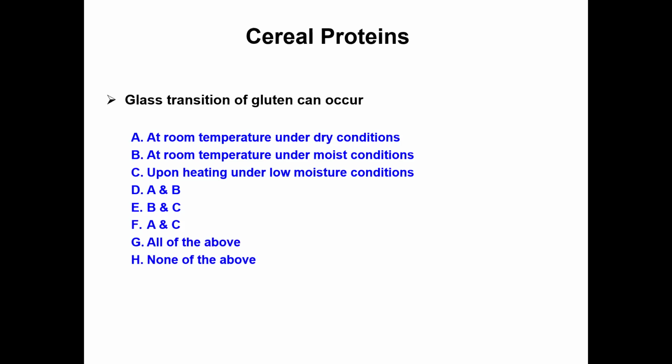Okay. So C, and also, if you want to reduce the amount of moisture that you add, you can also increase the temperature and you can help it jump through glass transition into an amorphous structure at higher temperature, lower moisture. So B and C.